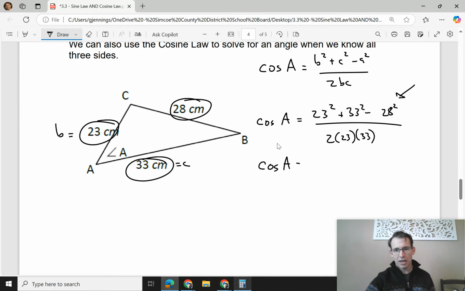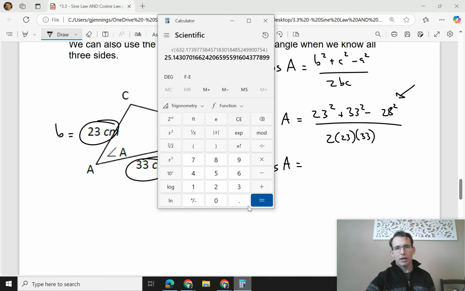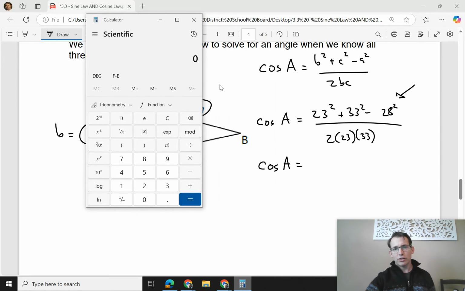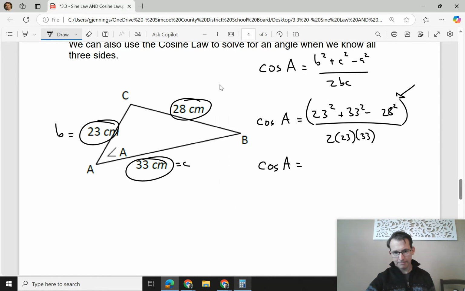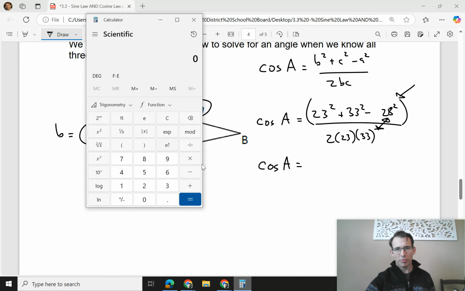Cosine of A is equal to, clear. I suggest you put the top in brackets so that you don't just divide that one. Okay? The more brackets you use on your calculator, the better. I'm going to put in brackets 23 squared plus 33 squared.